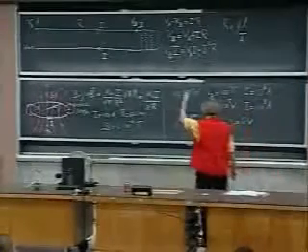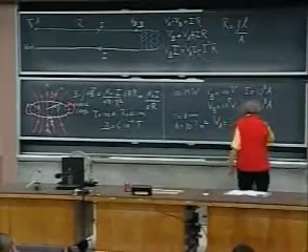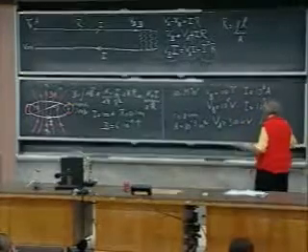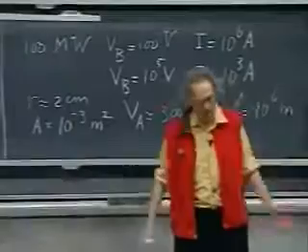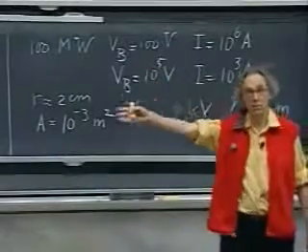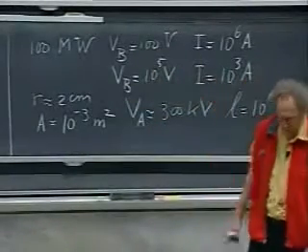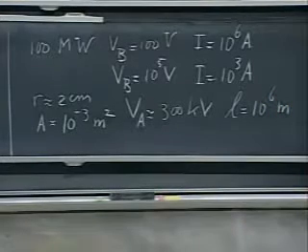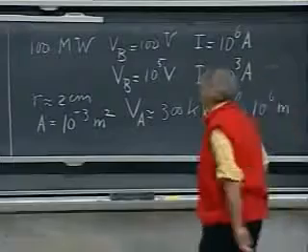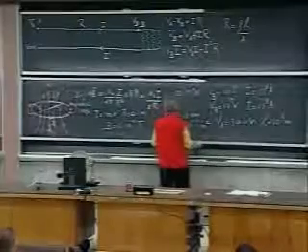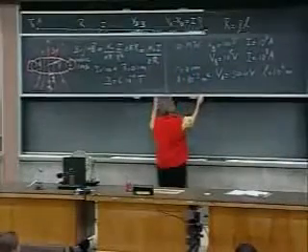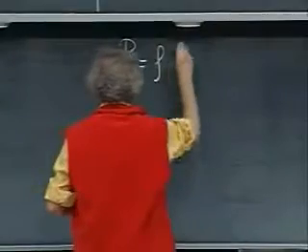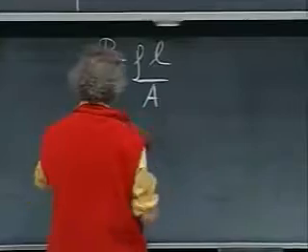If the length of that cable, L, were something like 1,000 kilometers, not an unreasonable number, if we get our electricity from Niagara Falls to Boston, you can calculate now what the resistance of that cable would be. Because that resistance R equals rho times L divided by A.